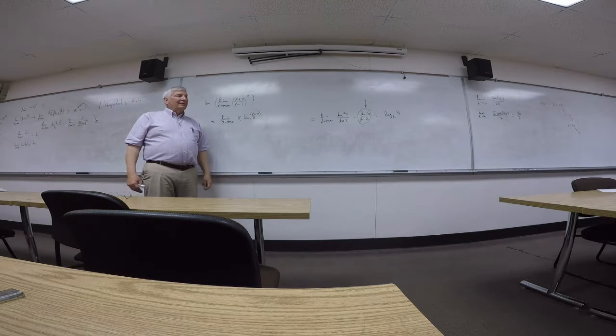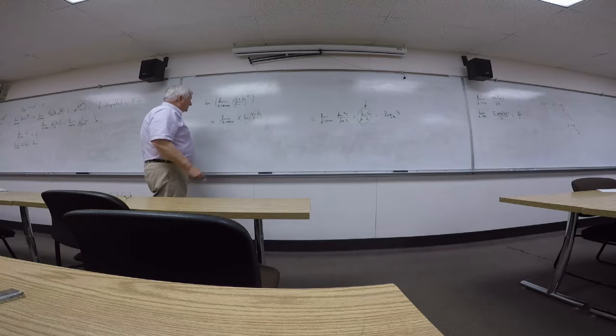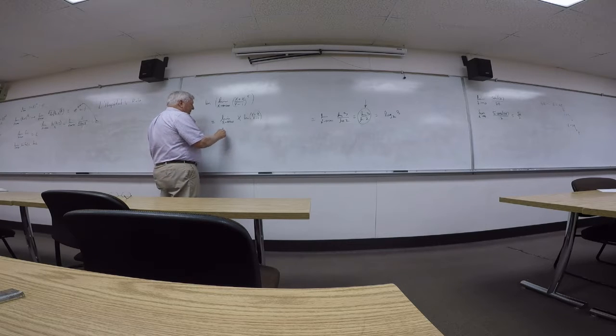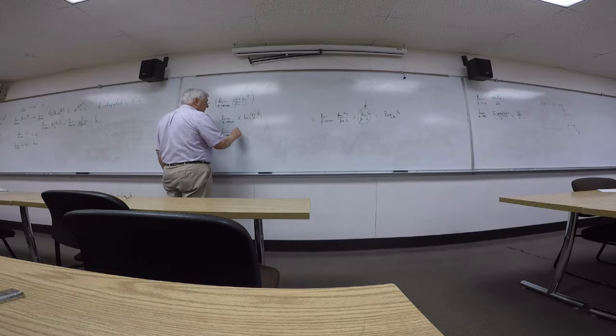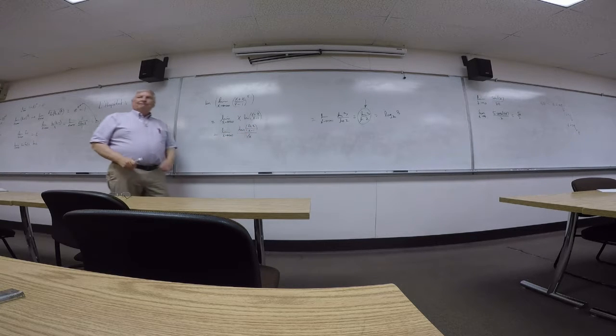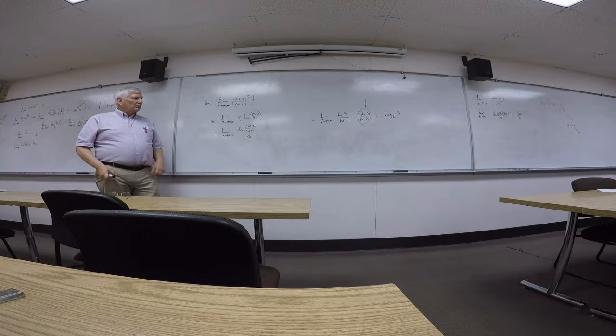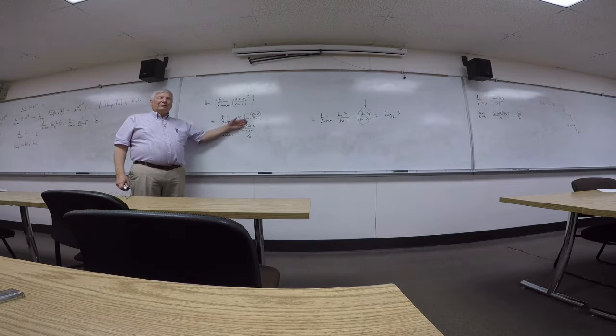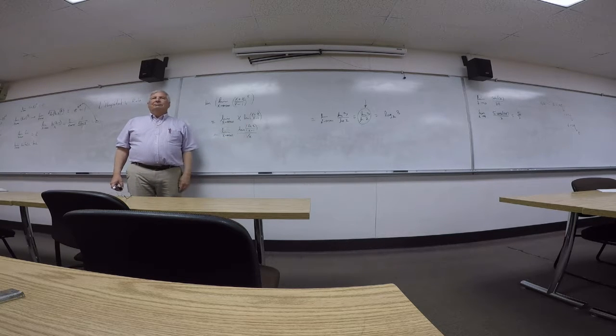0 times infinity is one of the forms we can look at, because I think I'll rewrite this as the limit as x increases without bound of the natural log of x plus 2 over x minus 1 over 1 over x. Now as x increases without bound, we have 0 over 0.